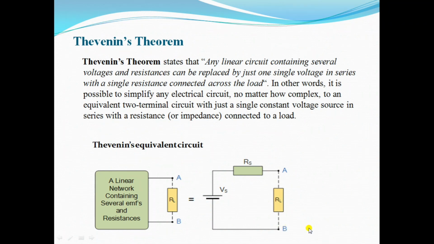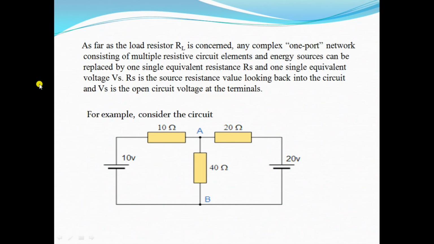Okay, so as far as the load resistor RL is concerned, any complex one port network consisting of multiple resistive circuit elements and energy sources can be replaced by one single equivalent resistance, that is Rs or Rth, and one single equivalent voltage Vs or Vth.